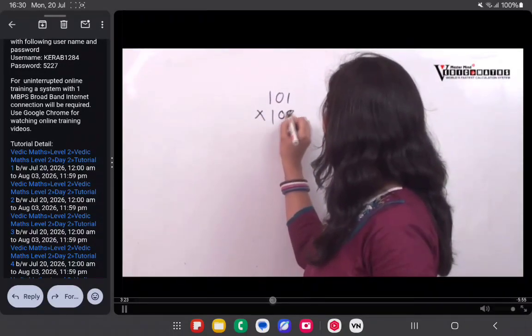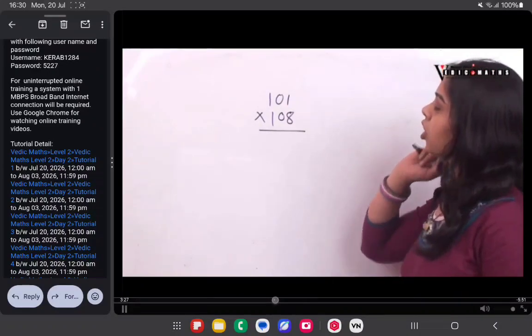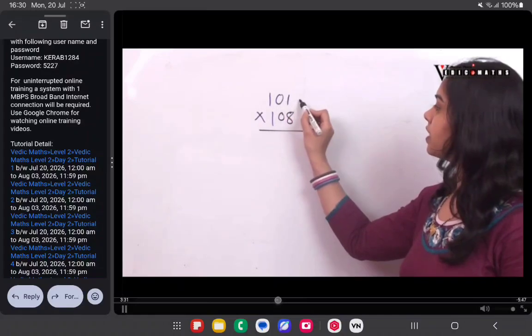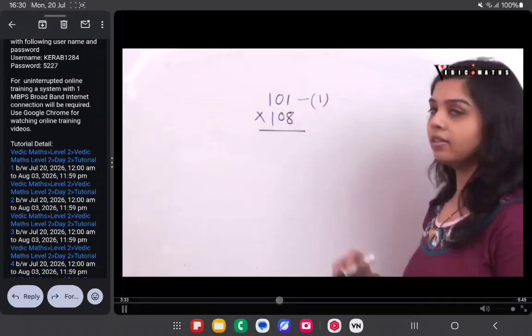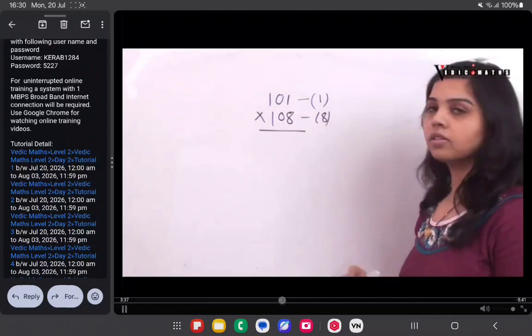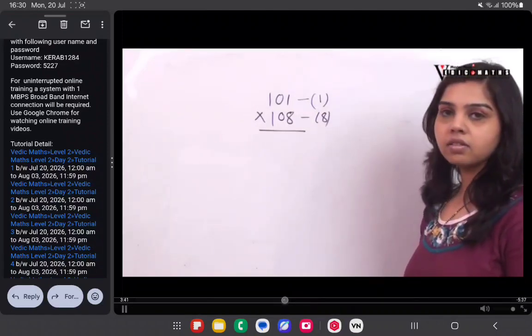101 into 108. This is a problem based on base 100. If we take the base of 101 as 100, the excess is 1. And for 108, the excess is 8. Our process is to multiply the excesses.